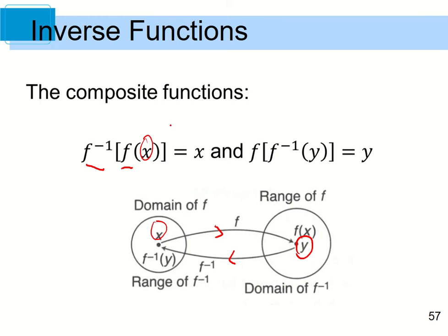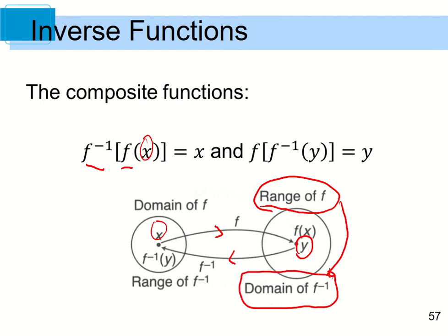When we put these two functions together, we get back the input itself. Please note that the range of f becomes the domain of the inverse function, and the range of the inverse function is the domain of f.